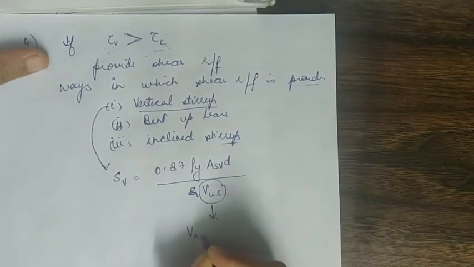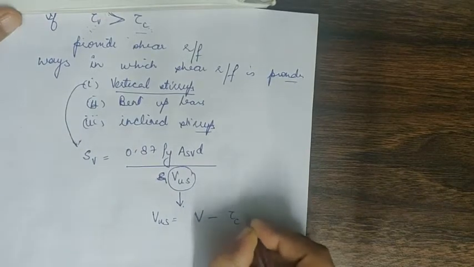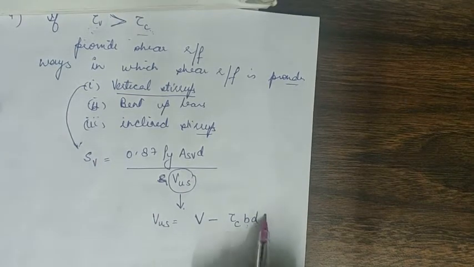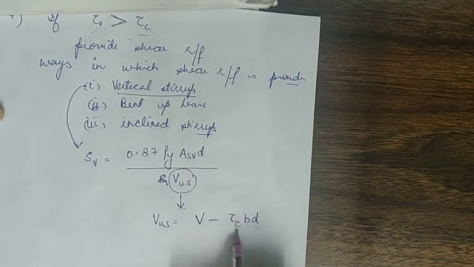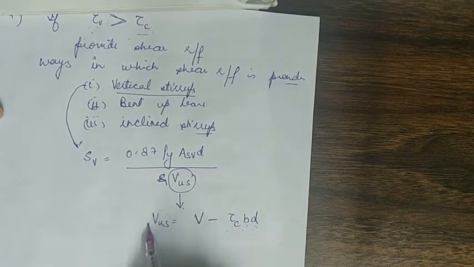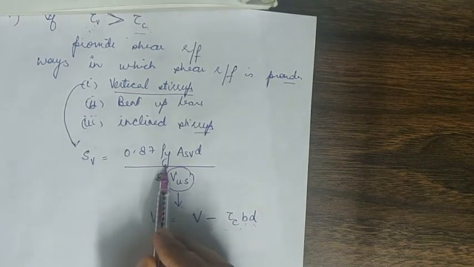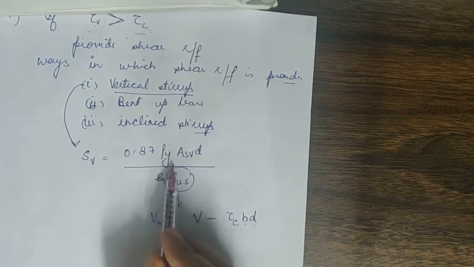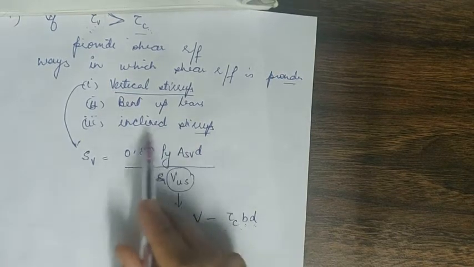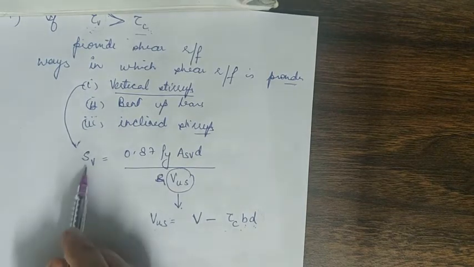Then Vus is basically the shear force that was coming on the section minus tau C into b d. Capacity of the section multiplied by its cross section will give you the force taken by concrete. Force that was coming minus force taken by concrete will give you the amount of force for which shear reinforcement is required. 0.87 Fy. Asv is the area of shear reinforcement, of one stirrup. d is the effective depth of the section. So you will be able to find out the spacing of shear reinforcement.